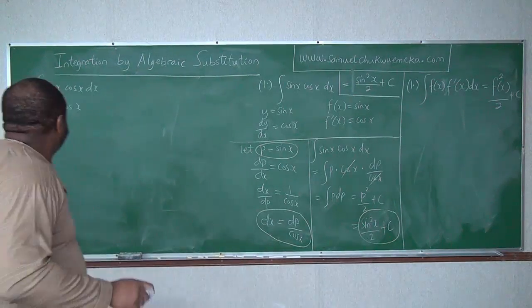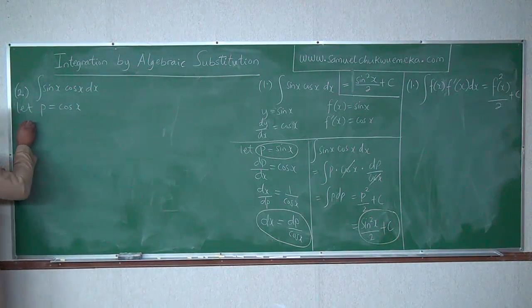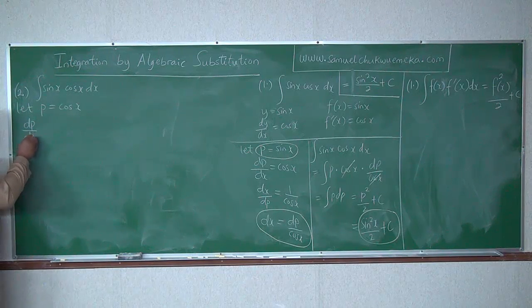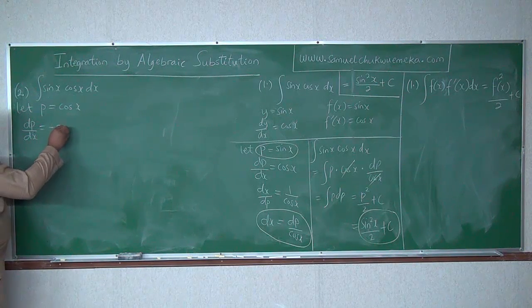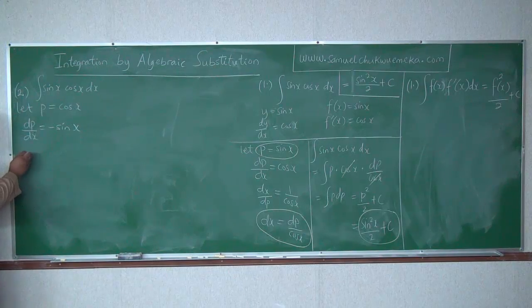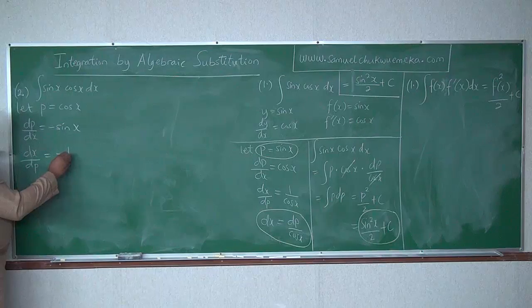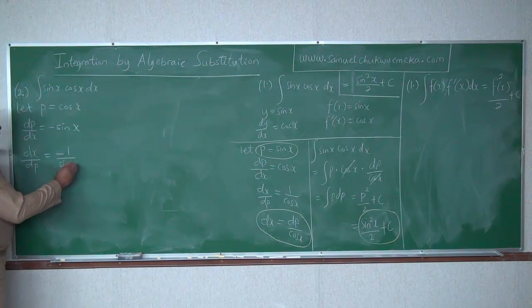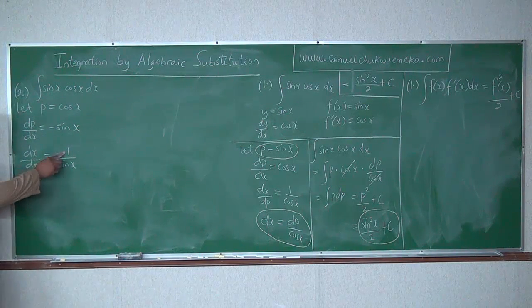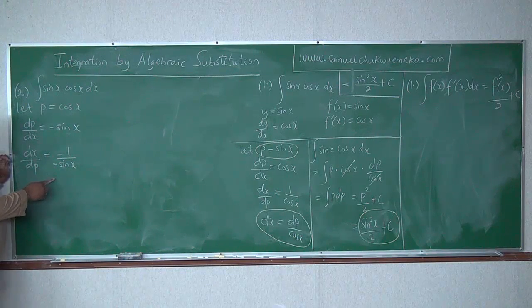No problem. So we now say dP over dx will give us negative sine x. We have dx equals negative 1 over sine x dP. Please, do not put 1 over negative sine x, please. Come on now. This is calculus, this is not algebra.